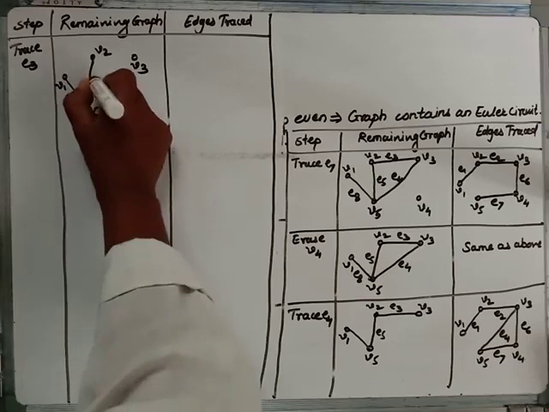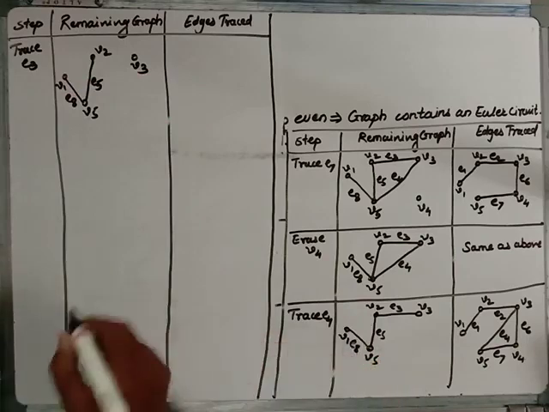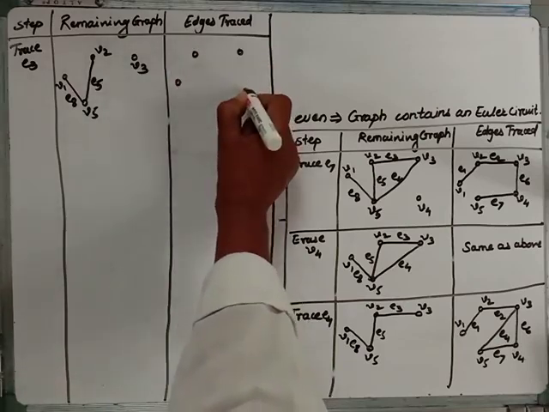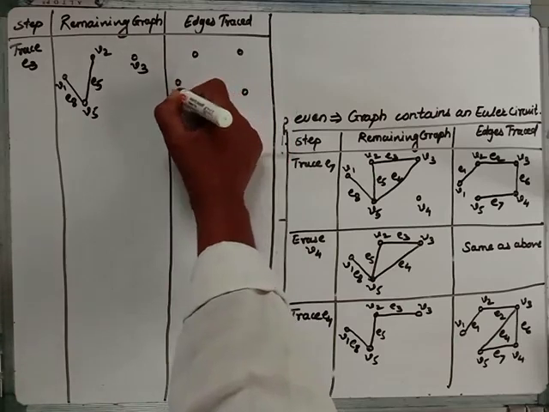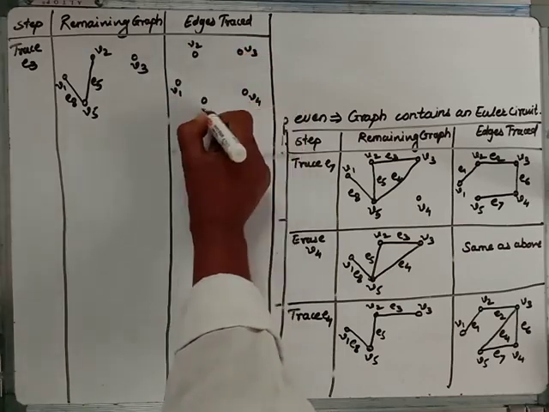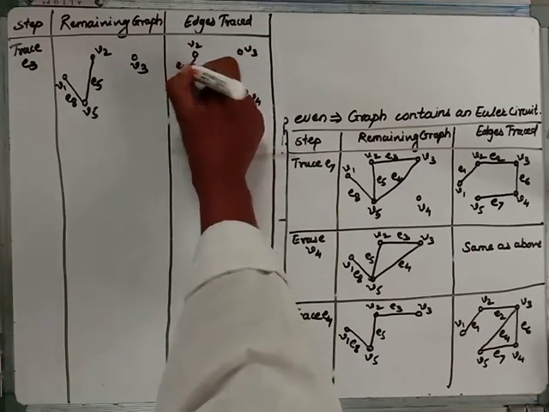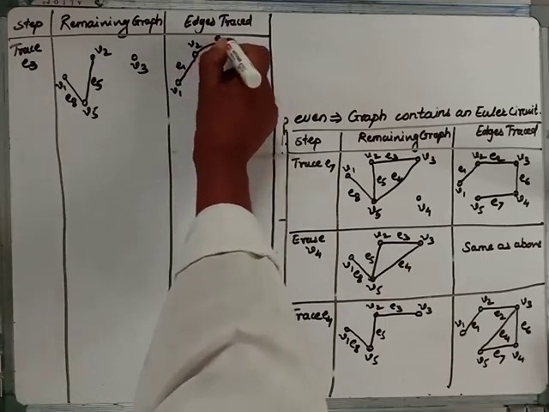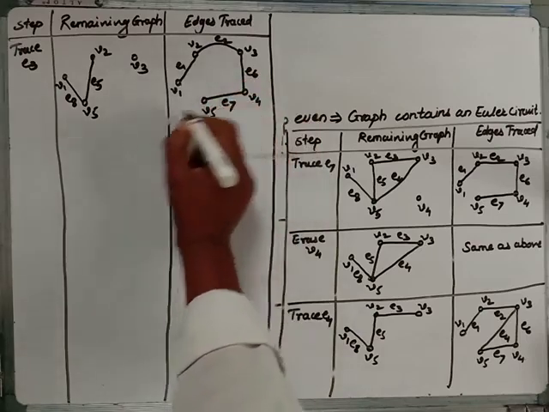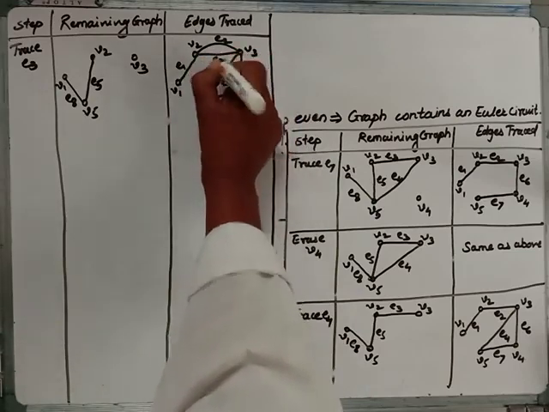Edges left are E8 and E5. Traced: E1, E2, E6, E7, E4 and now E3.